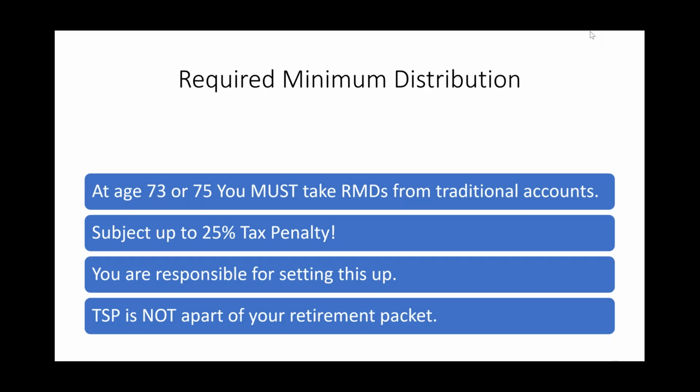Wherever your money is, the IRS is going to add those accounts up, and they're going to come to you and say, hey, you have X amount of money in here. You need to take this amount out because we want our tax dollars. Essentially why they're doing it, right? And why is that important?